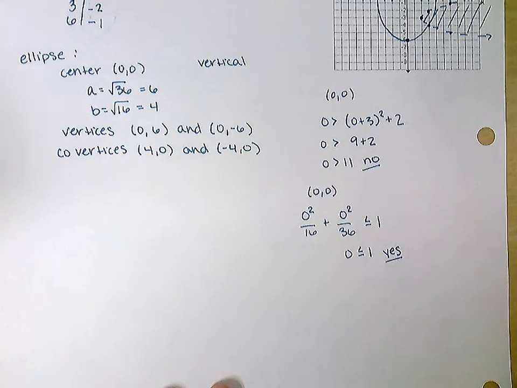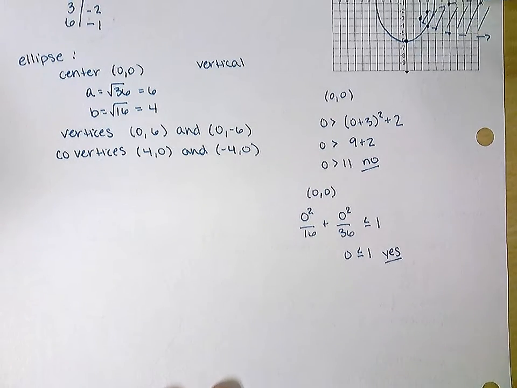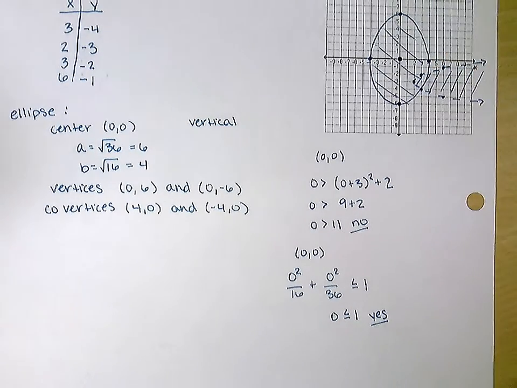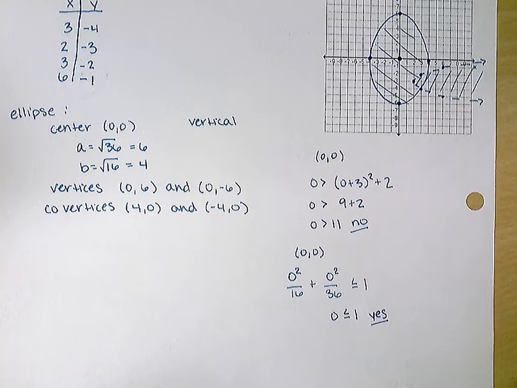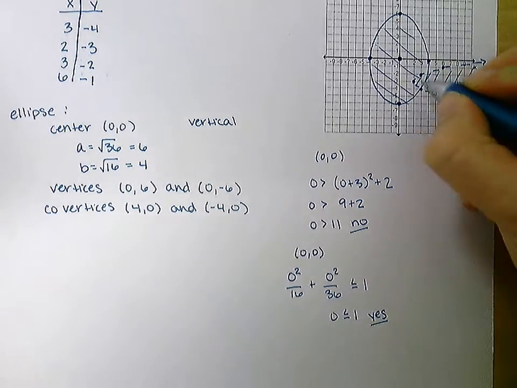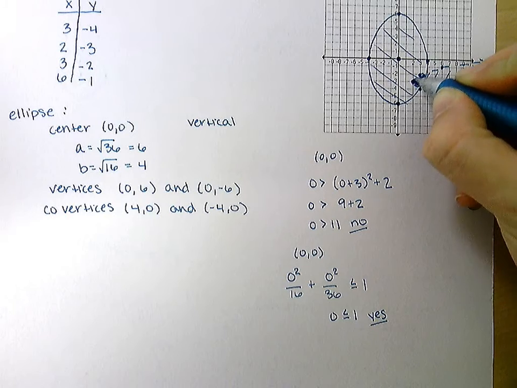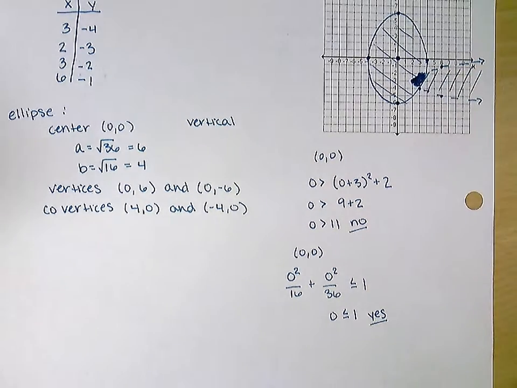That is true. So that means I'm shading inside the ellipse on that graph. And we want to see where they cross. It's that very small section between the two.